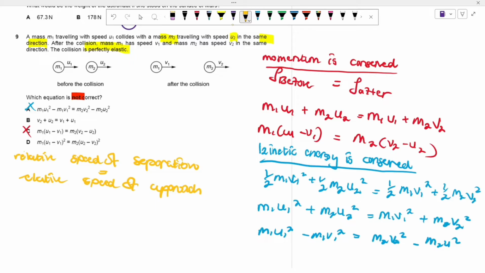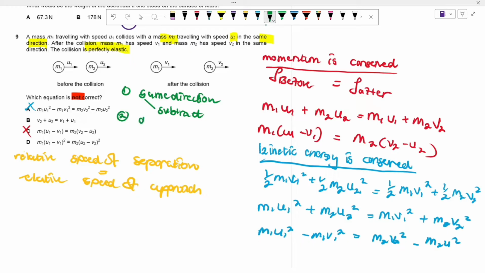And how do you find the relative speed of approach? I want you guys to know this important trick. If things are moving in the same direction, what are you going to do? You're going to follow what the S tells you. You're going to subtract their velocities. If you subtract two velocities, you're going to get the relative speed when things are moving in the same direction.